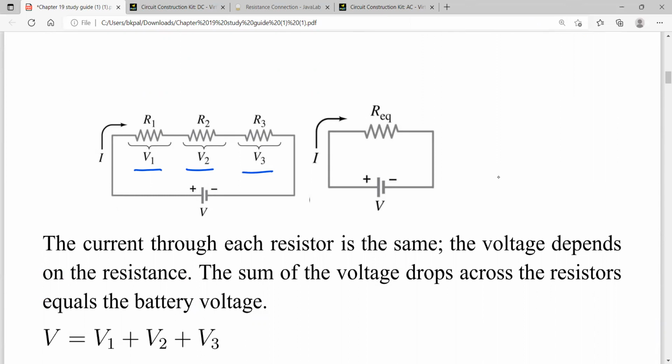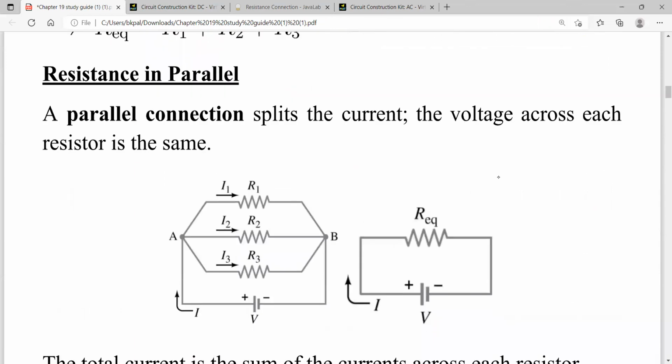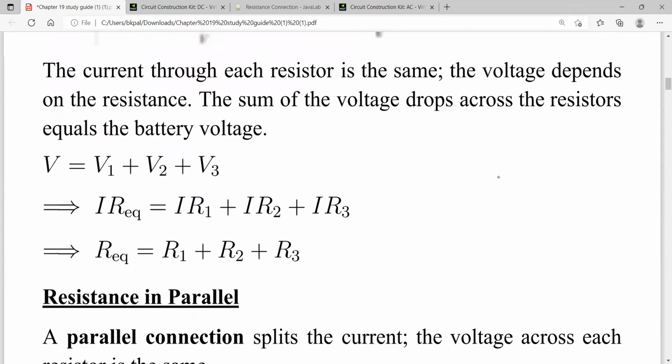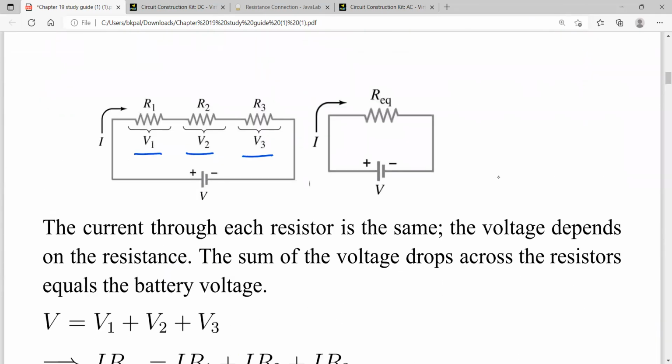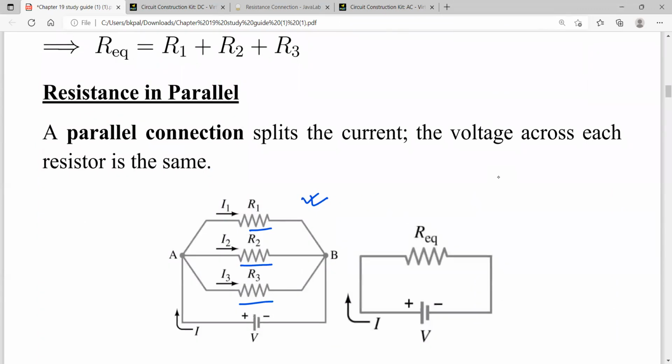And another possibility is this, one on top of another. This combination is called the parallel combination, and here this combination is called the series combination of the resistances.